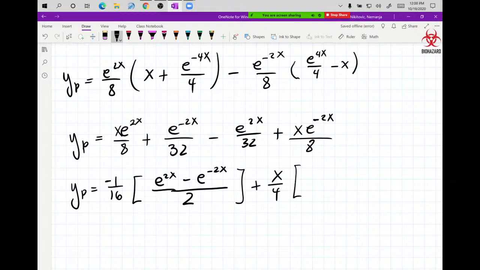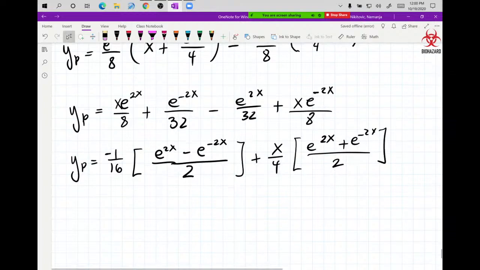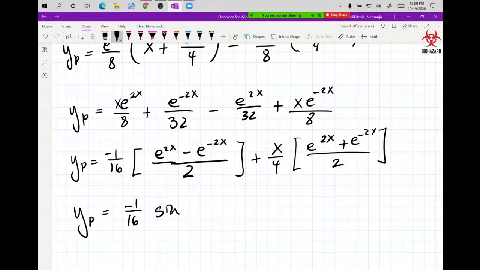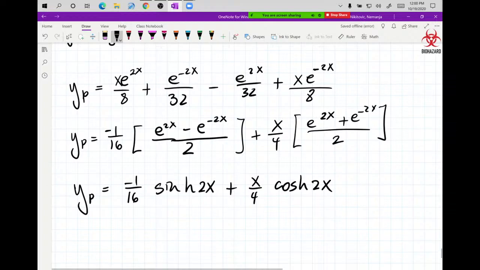And that leaves me with e to the 2x plus e to the minus 2x over 2. So if you factor those, negative 1 over 16 sine hyperbolic 2x plus x over 4 cosine hyperbolic 2x.